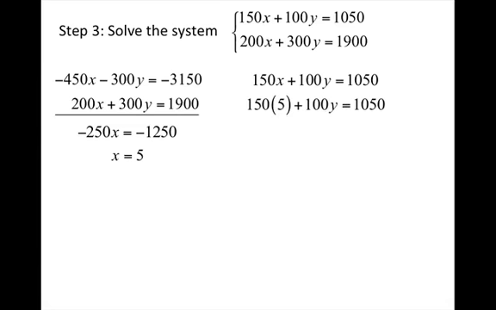If x is 5, I have 150 times 5 plus 100y equals 1050. 150 times 5 gives me 750. So I begin solving for y by subtracting 750 from each side. When I do this, I get 100y equals 300. Now divide each side by 300 and I get y equals 3.